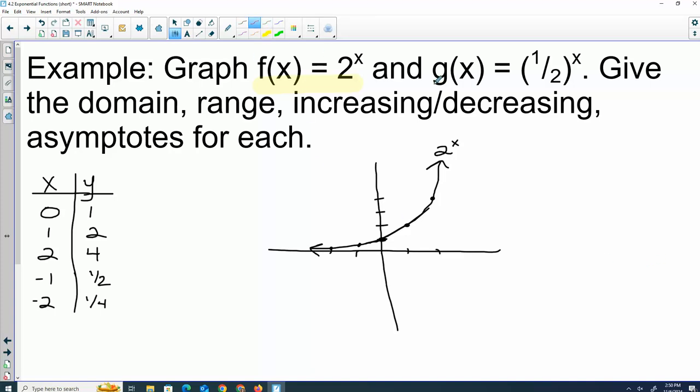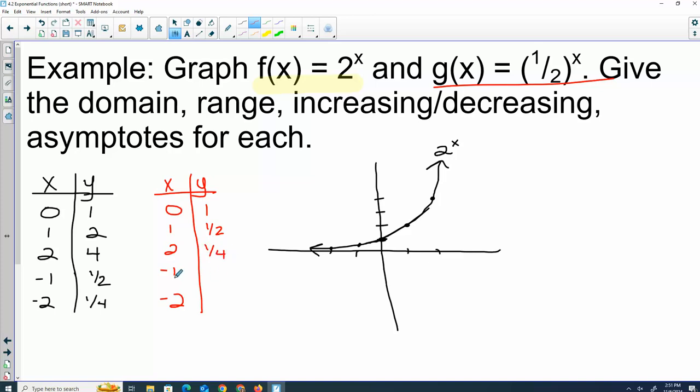Let's compare it to 1/2 to the x. So if I wanted to put in the same points, what's 1/2 to the 0 power? 1/2 to the first. 1/2 squared.